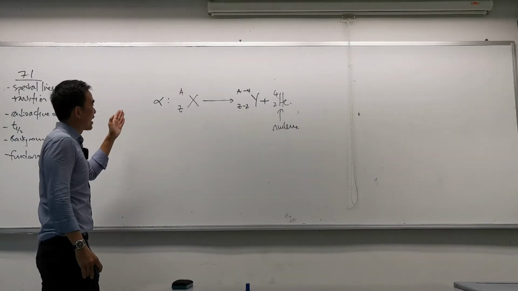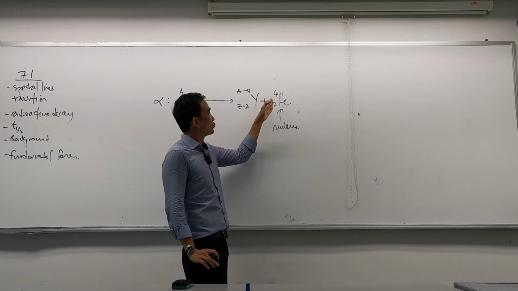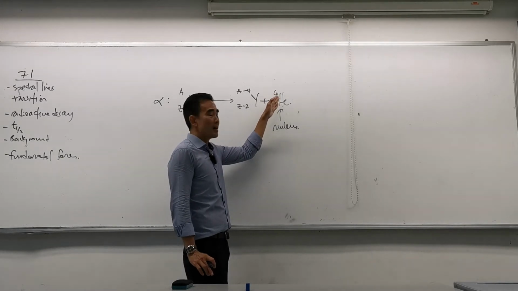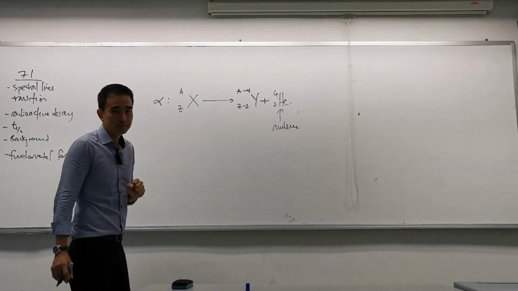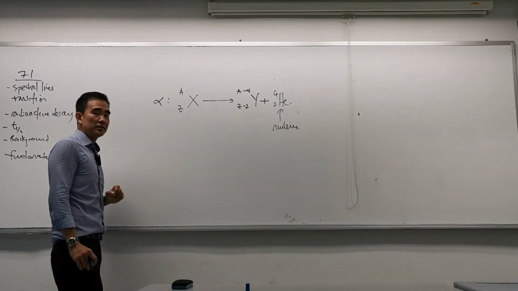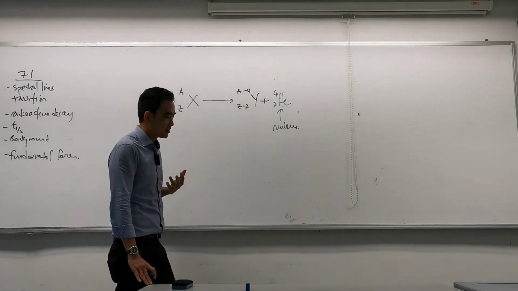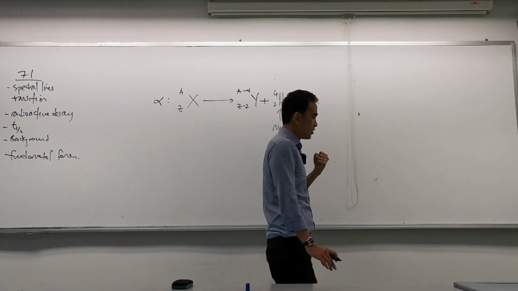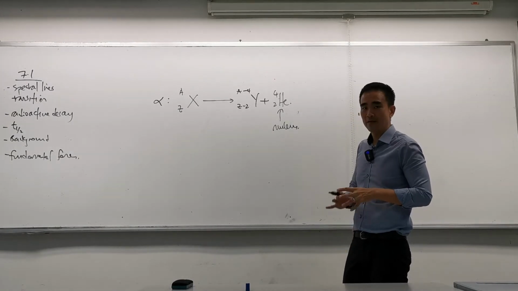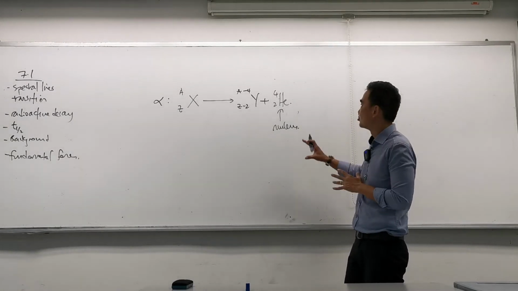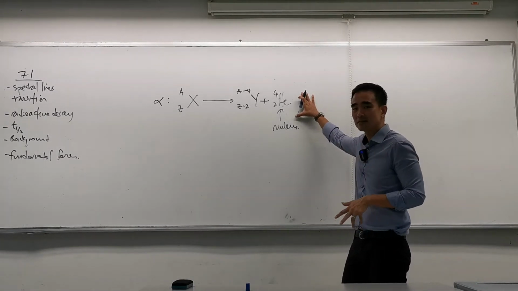Therefore, since you emit 2 protons and 2 neutrons, we will have 4 fewer over here, 2 fewer over here. The alpha decay usually happens for heavy nuclei, so it emits a huge nucleus out of itself to stabilize itself.